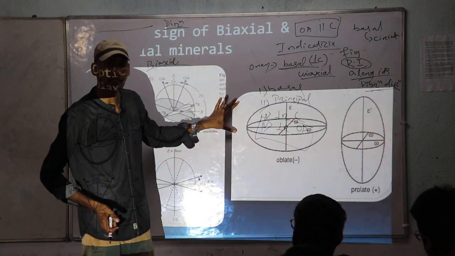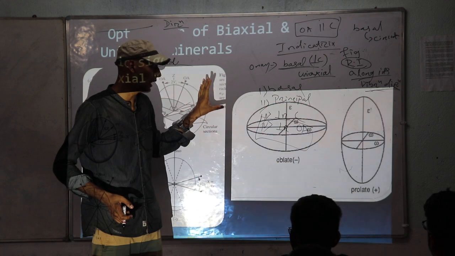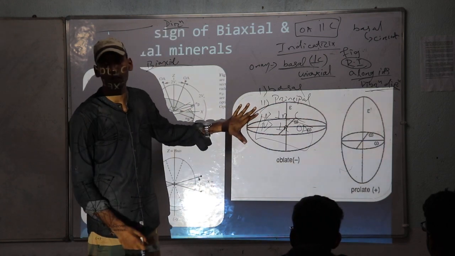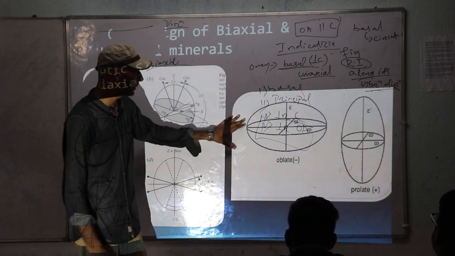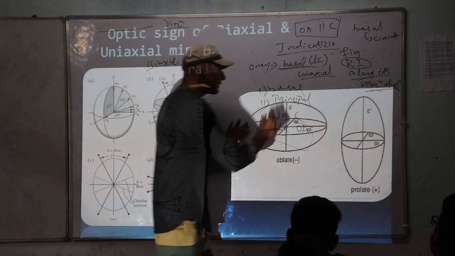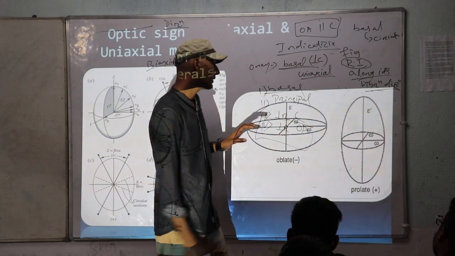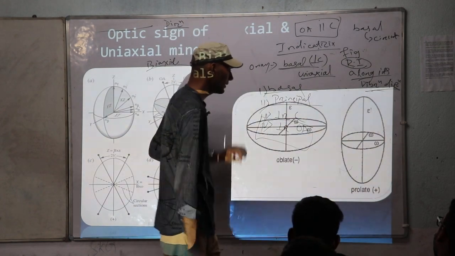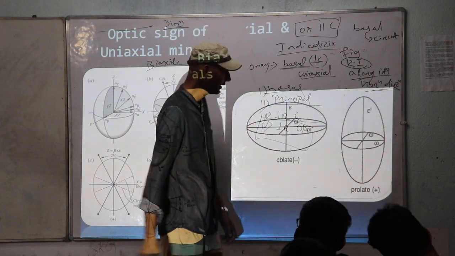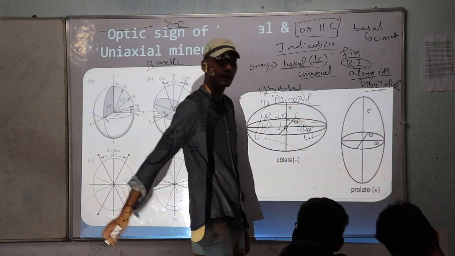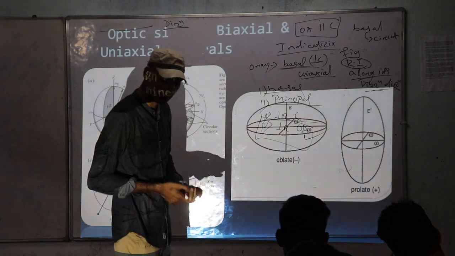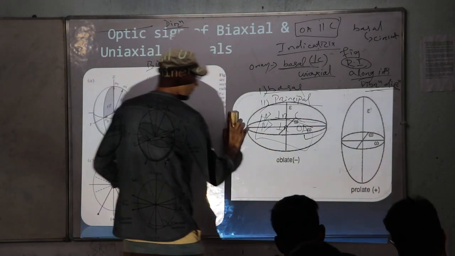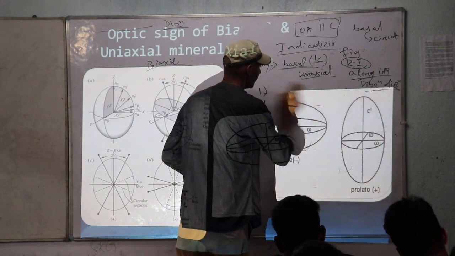I am asking the question: in which section will I observe a circular indicatrix? The answer should not be basal section, should not be principal section, should not be perpendicular to C; it should be perpendicular to the optic axis. I have given this question, now I will define that. Okay, see the indicatrix, then we will go for that.